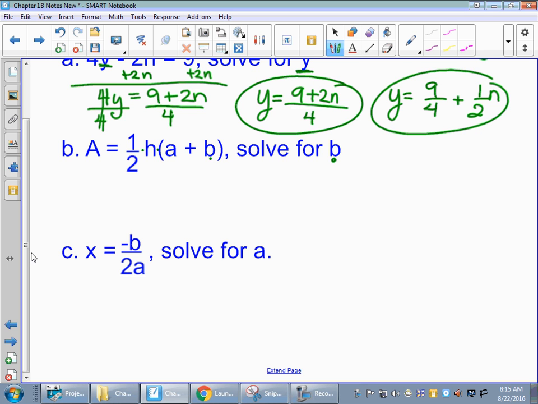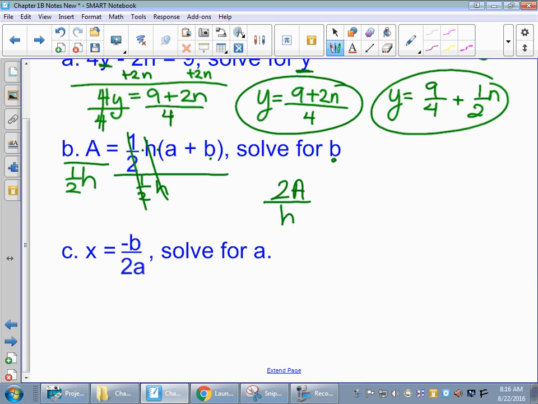So if I divide by 1/2 h, that'll go away. Whatever I do to one side, I also have to do the other. Dividing by 1/2 is the same thing as multiplying by its reciprocal. So what that cleans up to be is 2 times capital A all over h.